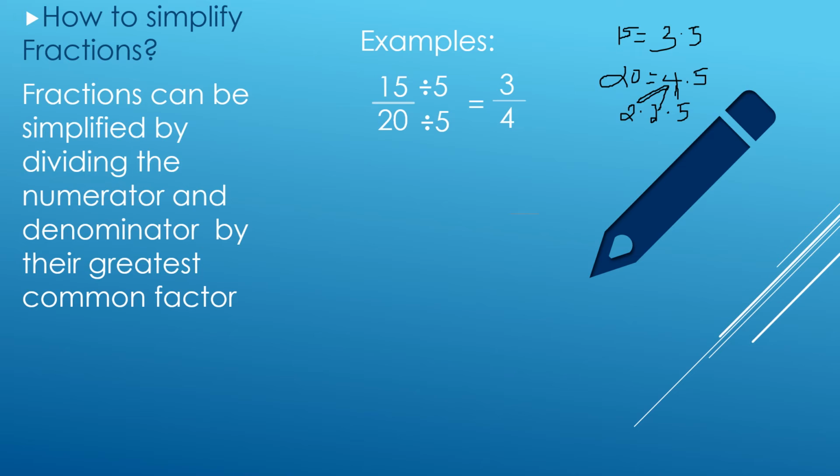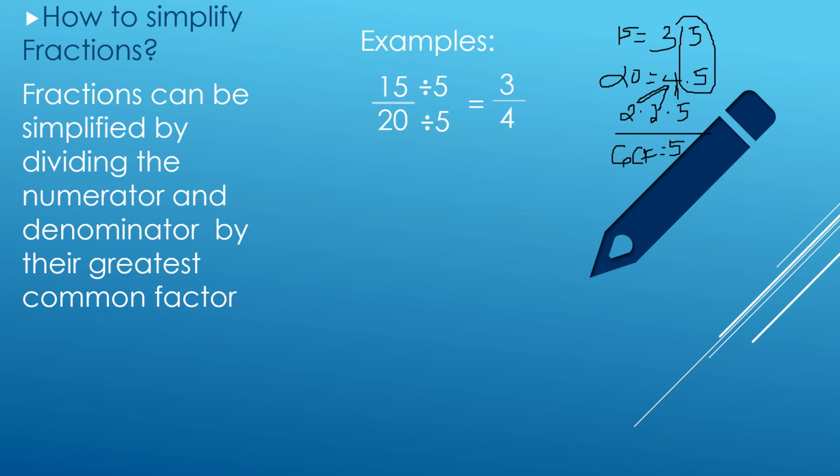Okay, ngayon, ano ngayon ang GCF nila? Greatest common factor nila? Alamin mo kung ano yung common. So, mayroon ka ditong 5. Okay? So, 5 ang GCF. So, yung GCF na 5, yun yung number na i-divide mo.